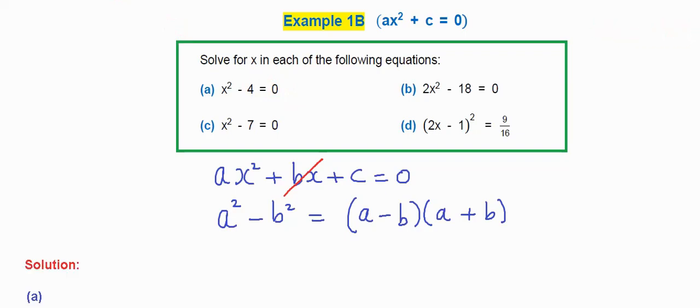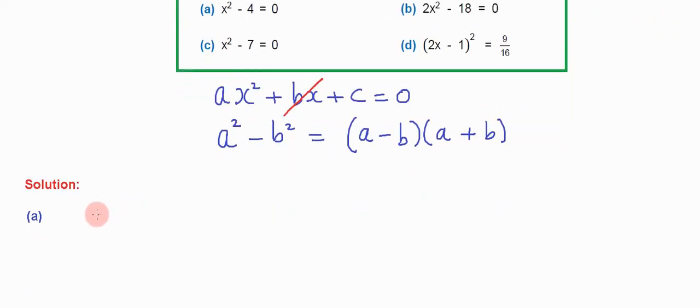So we need to solve for x. So it's x squared minus 4 equals 0. And we can see that this is a difference of squares because the first term is a perfect square. Then we have a minus and the second term is a perfect square. So then we can apply the difference of squares.